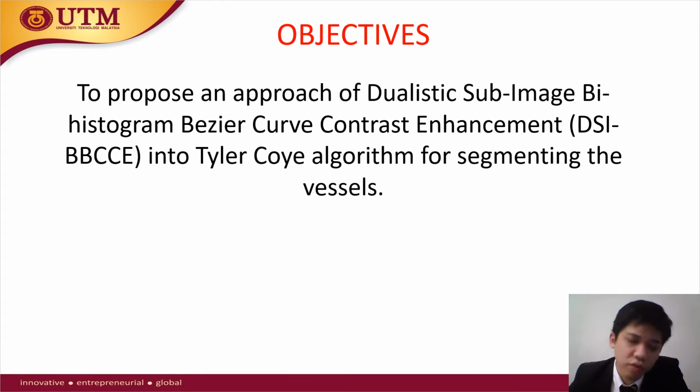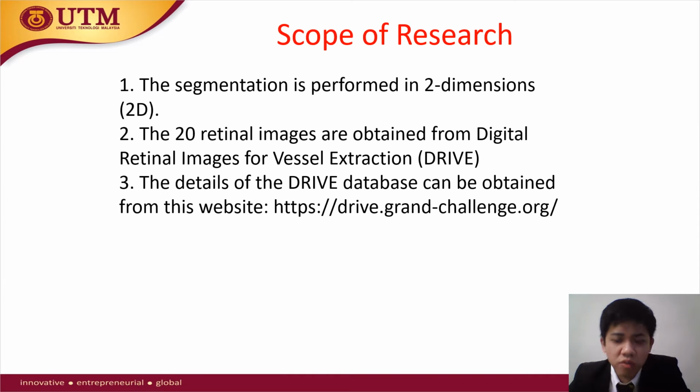From the literature review, we propose an approach of dualistic subimage based on the threshold median, and we applied a new Bezier curve contrast enhancement in the cumulative distribution function into the Tyler Coye algorithm to segment the vessels. The scope of the research is using 2D fundus images.